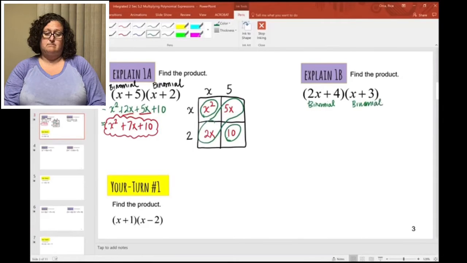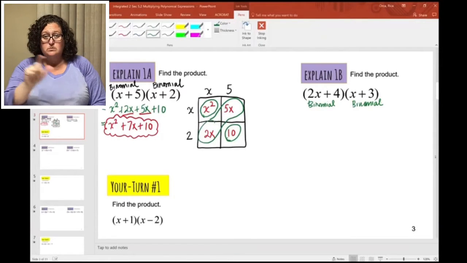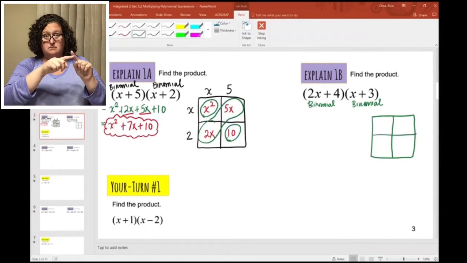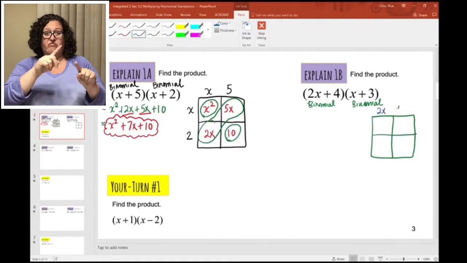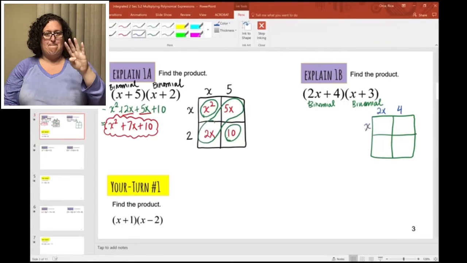Therefore, when we draw our box it's going to have two columns and two rows. So at the top of my box, I want to write out my first binomial, which is 2x and 4. On the left side of my box, I want to write out my second binomial, which is x and 3.